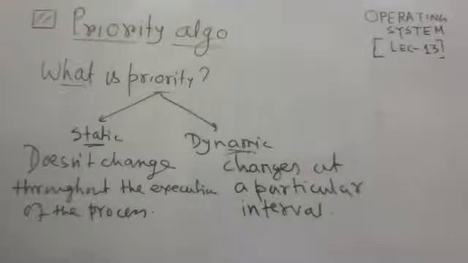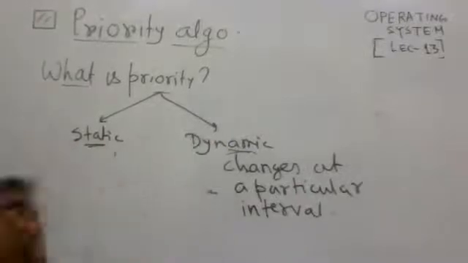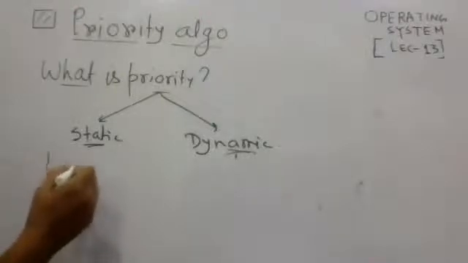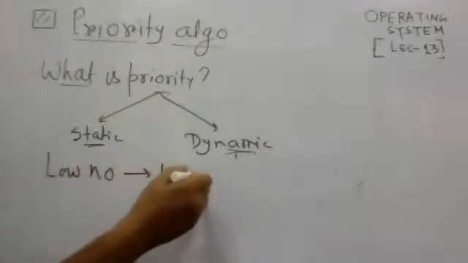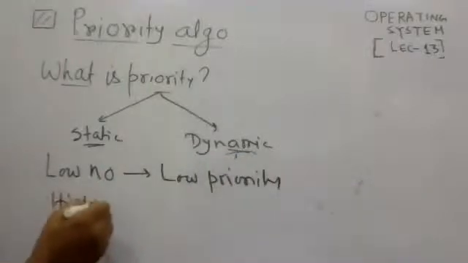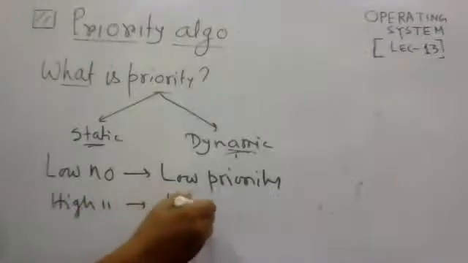And which one is the highest priority? Some systems use a low number to represent low priority, and some systems use a high number to represent low priority.